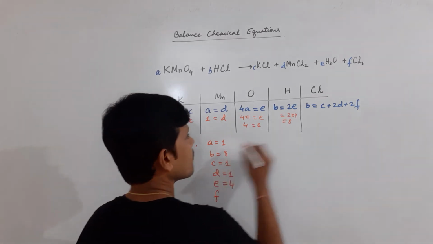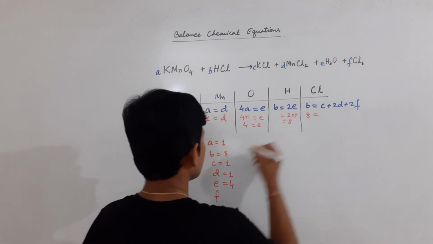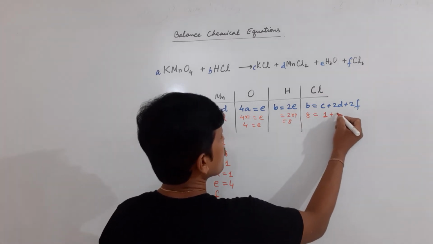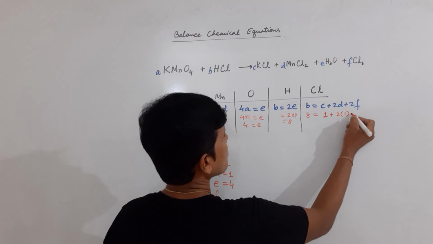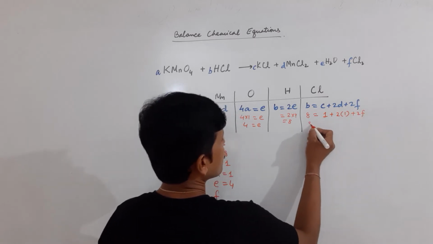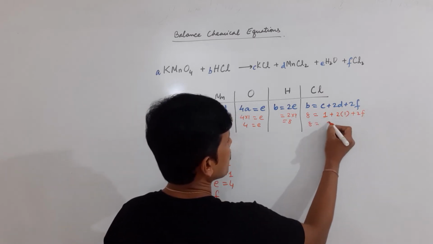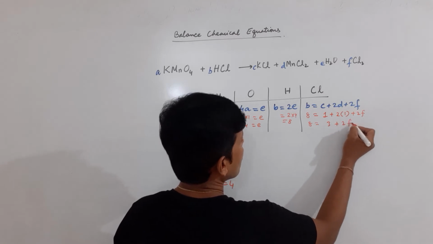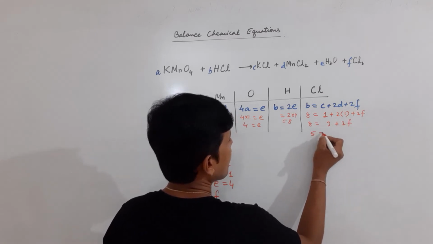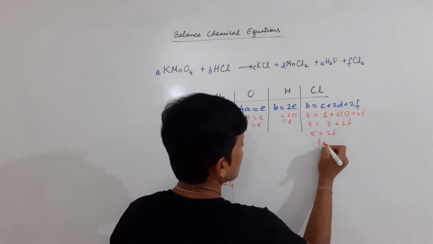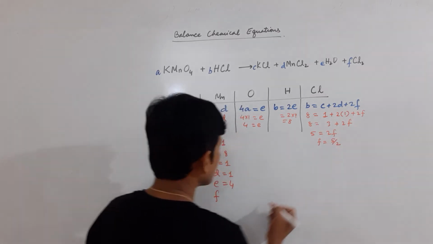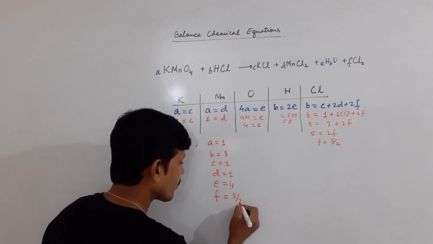So we have B as 8, C is equal to 1, 2D means 2 times 1, plus twice F. So this is 8 and this is a total of 3 plus 2F. Minus 8, I will get 5 equal to twice F. So I got F equal to 5 upon 2.